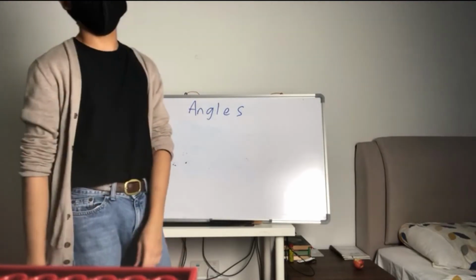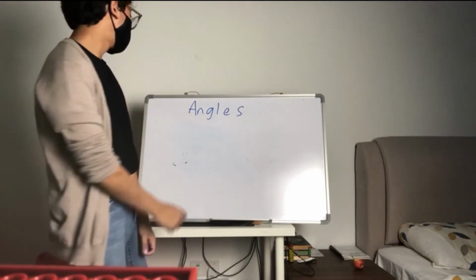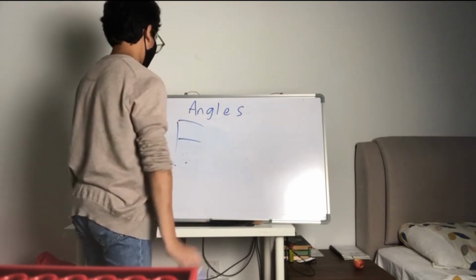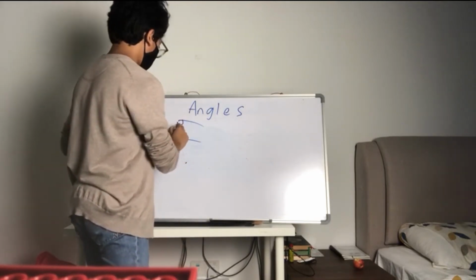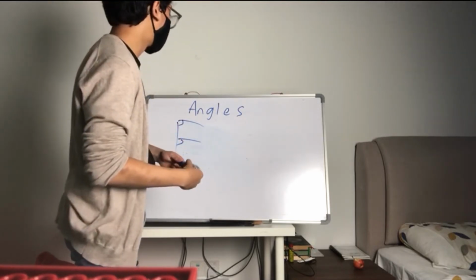The next angle we will be talking about is called corresponding angles. They are located in letters or shapes that are close to the letter F. Now, in the case of the letter F, they must be 90 degrees.